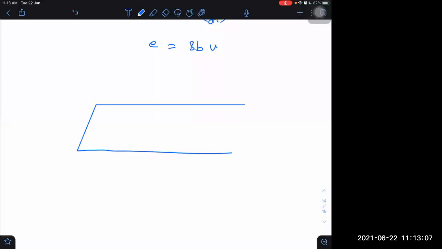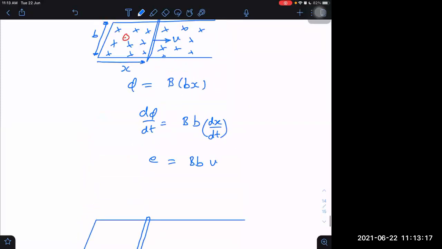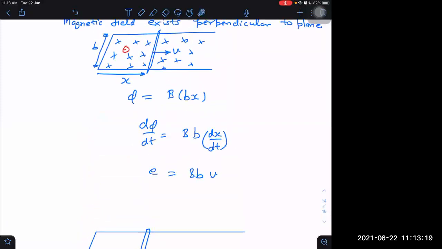I can tell the same thing by another way, a completely different way. Current direction is not there. It is what we are inducing. It is moving, it is just a conducting wire. That's it. EMF is induced.